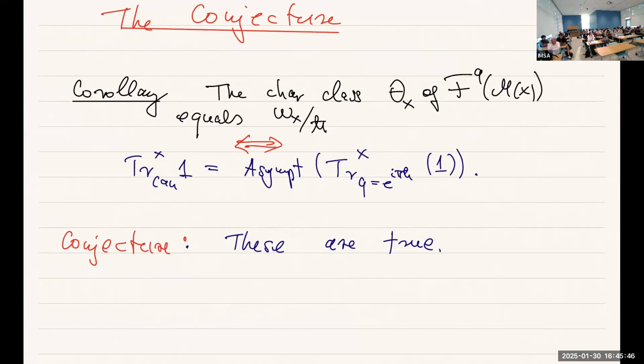So again, to repeat, this non-perturbative deformation coming from Riemann theory descends somehow to an actual deformation whose Fedosov class is omega x over t, the simplest possible one, and whose canonical trace is obtained as I described, by taking an asymptotic expansion. And this asymptotic expansion is exactly this quantum field theory, non-perturbative kind of effect, where you cannot expand things holomorphically as you naively thought, but you have to take asymptotic expansions. And so the conjecture, which I'm still hoping will be understood very soon, is that both of these are true.